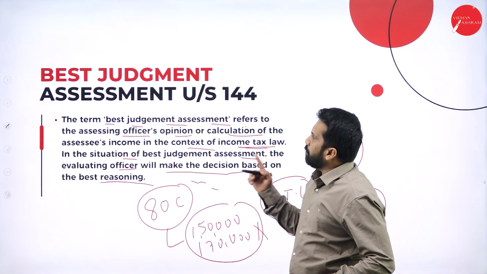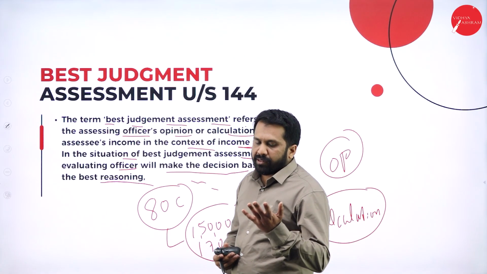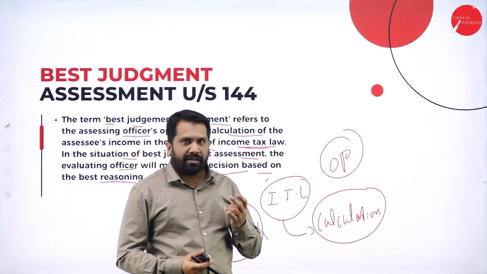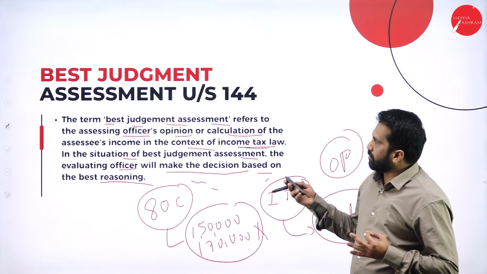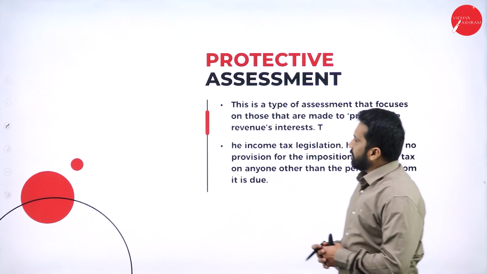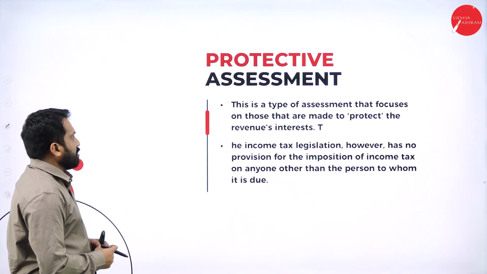That is called best judgment assessment. Now, you have learned the first one, self-assessment, second one, summary, third one, scrutiny, and the fourth one, best judgment assessment. Now, the next one is protective assessment.